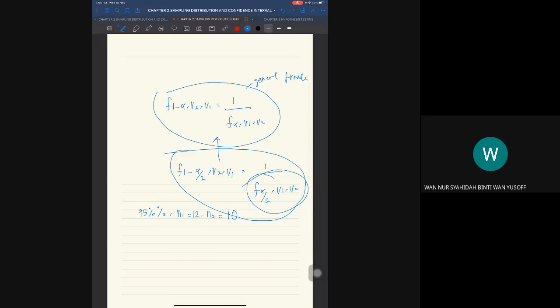For the upper bound of the confidence interval, we need alpha over 2, ν2, ν1, so it is F 0.025. ν2 is 9, and ν1 is 11. And for the lower bound of the confidence interval, we need 1 over F.